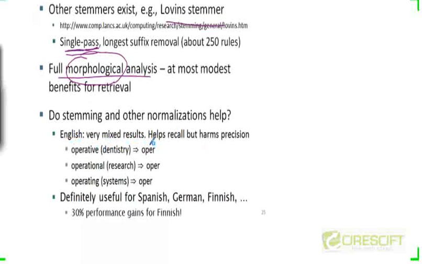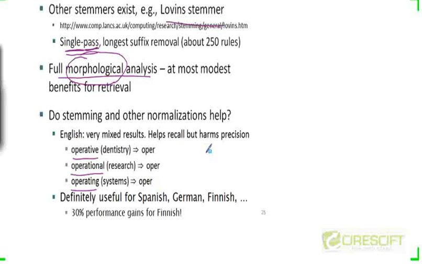So here's an example where stemming or other forms of normalization may not actually help. If you look at words like operative, operational, and operating, these are variant forms of the same root word, something like operate. So if we do stemming, all these three words get converted into OPER.